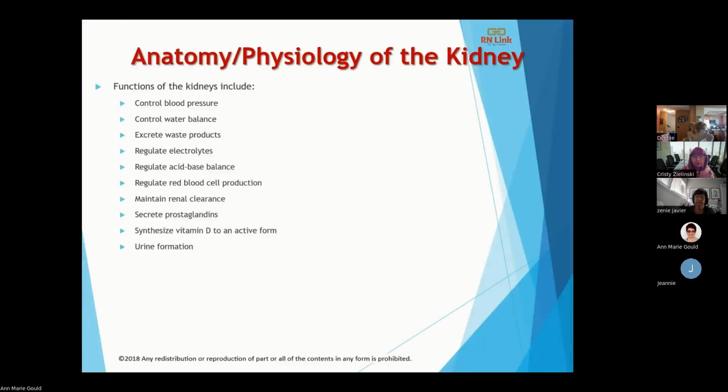So when it comes to the functions, there are a lot of functions that the kidney does, right? It definitely controls our blood pressure, as we all know. It controls water balance too. So why do you think nephrologists are always called in when somebody's in acute heart exacerbation and they're fluid overloaded? They're calling in nephrologists because they know how to handle the water balance, the fluid balance within the body.